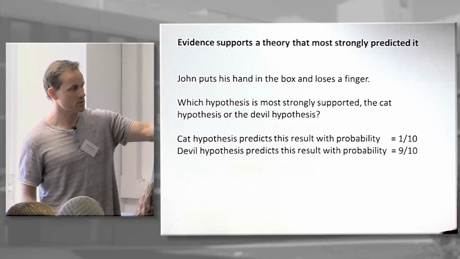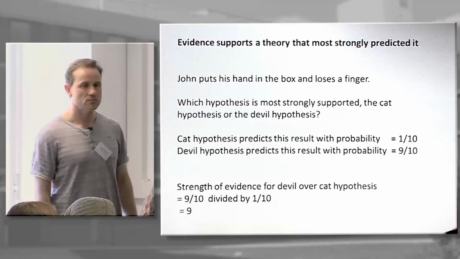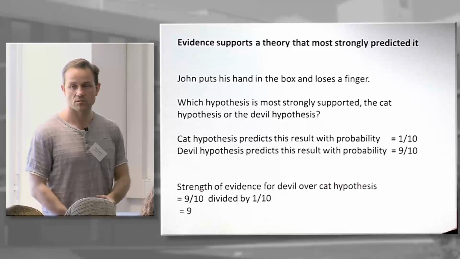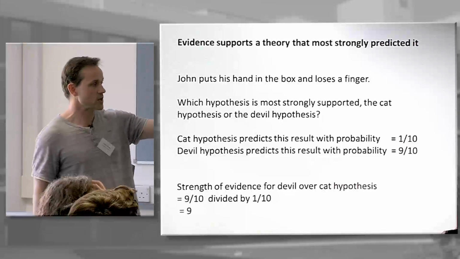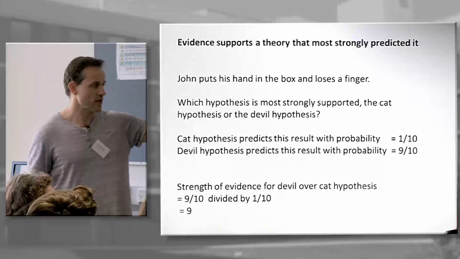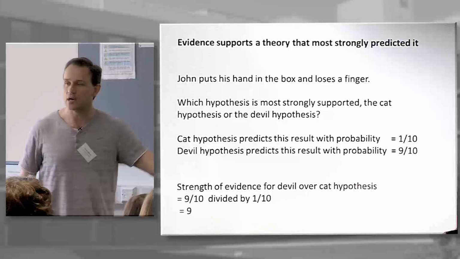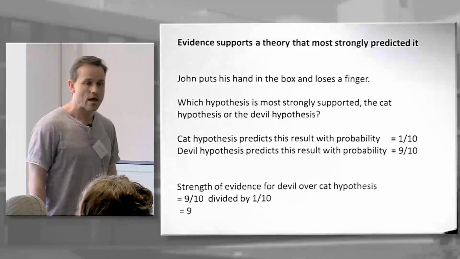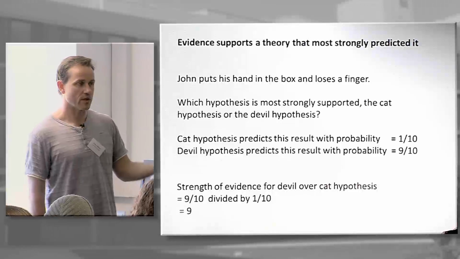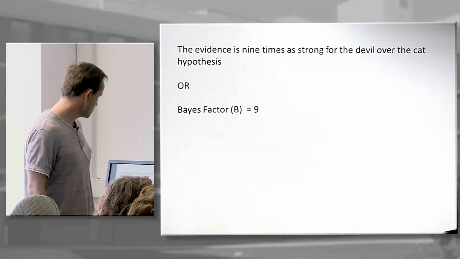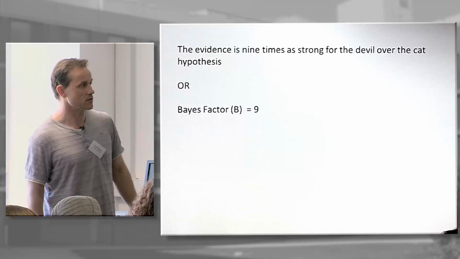Well, why don't we just divide that 9/10 by the 1/10 to get a measure of strength of evidence. So the strength of the evidence for the devil over the cat hypothesis is 9/10 divided by 1/10, which is 9. And in fact, that is the Bayes factor in this situation for the devil rather than the cat hypothesis. You say the evidence is 9 times as strong for the devil over the cat hypothesis.